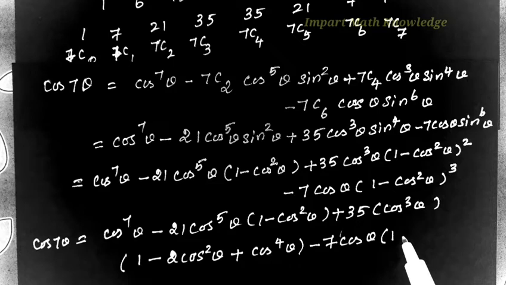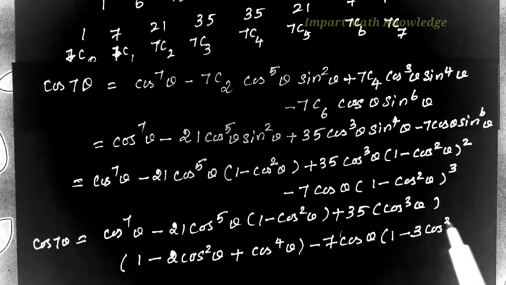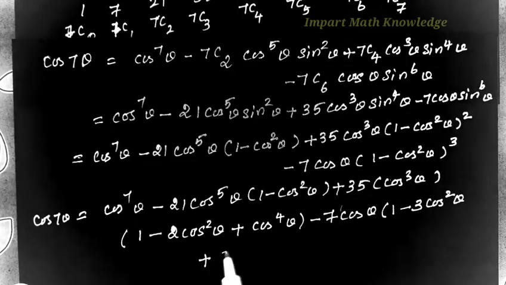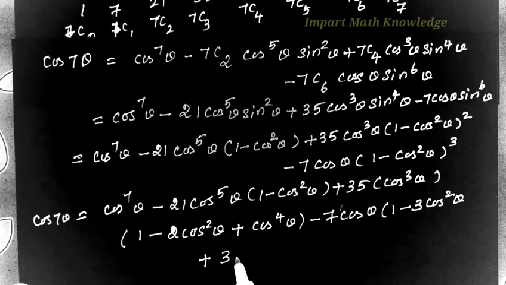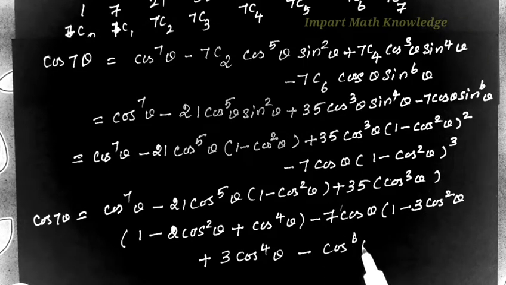Expanding this, 1 cube minus 3 a square b, a value is 1 and b value is cos square theta plus 3 a value is 1, b square is cos power 4 theta minus b cube. Cos square theta whole cube is cos power 6 theta.